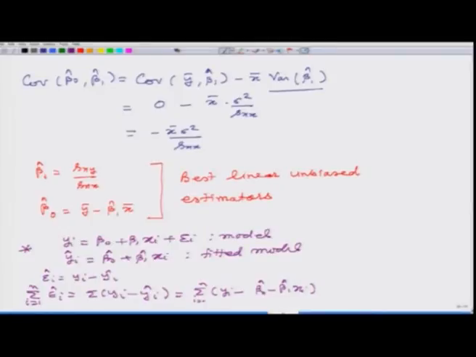Now, what is this value? I would write that this is equal to 0, but how? It does not look like it, right.